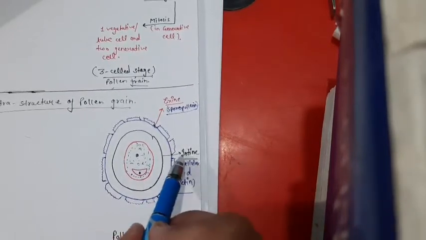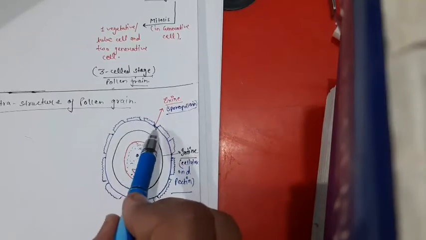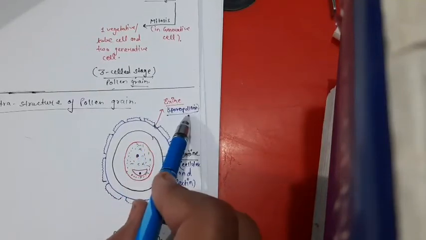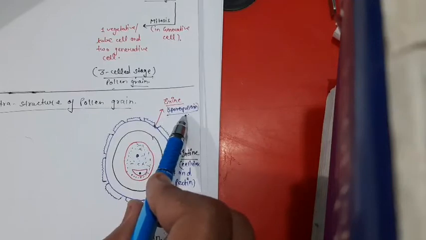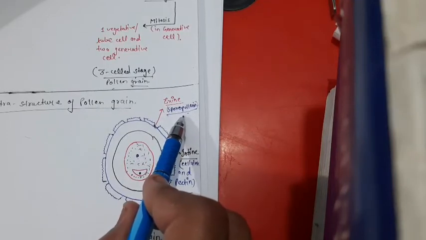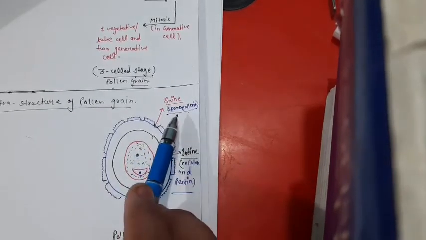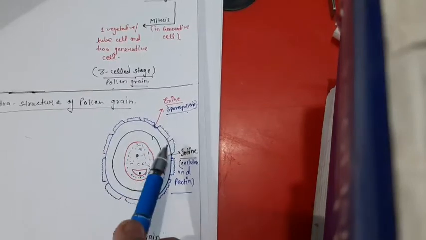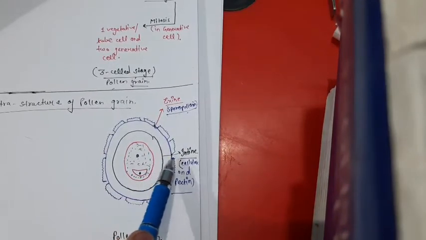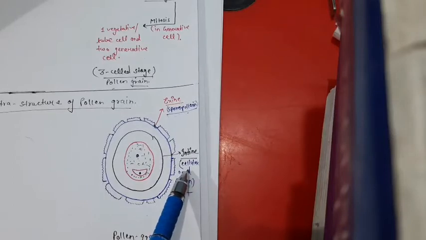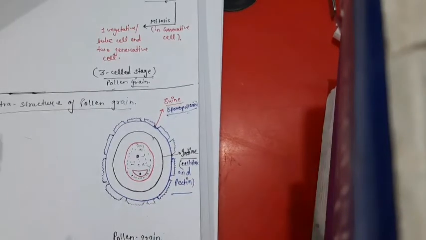Okay friends, the first outermost layer is exine made up of sporopollenin. What is sporopollenin? It is a highly resistant organic substance. Even enzymes cannot break this layer. After that, the second layer is intine, made up of cellulose and pectin. Okay.